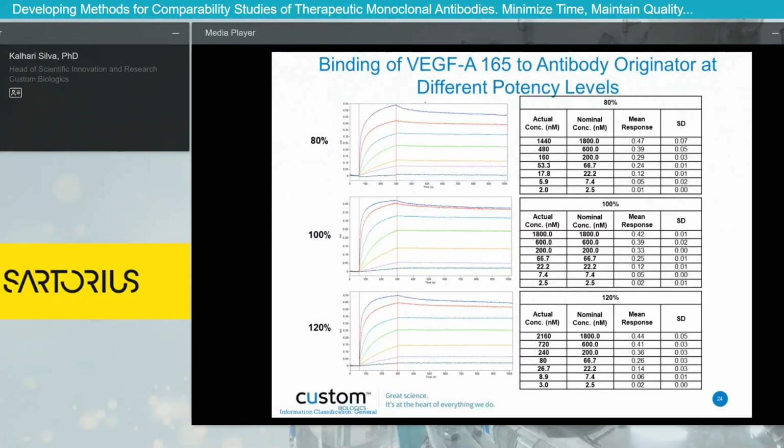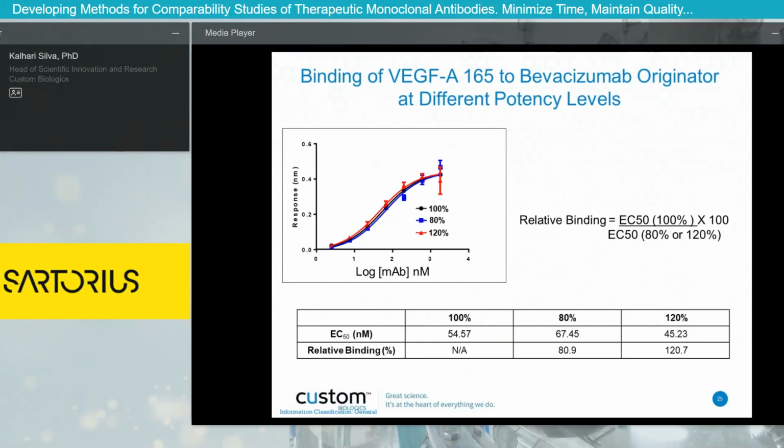These mean responses were then fit to a 4PL curve to determine the EC50 binding values. The EC50 binding values were then used in the equation that you see on your right side to understand the relative binding.